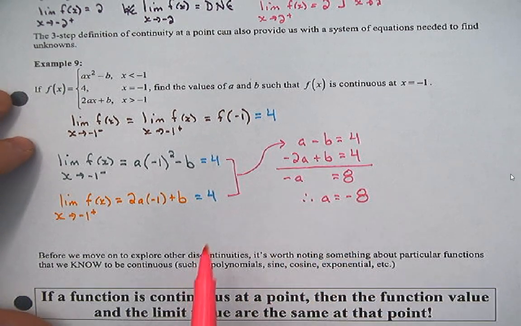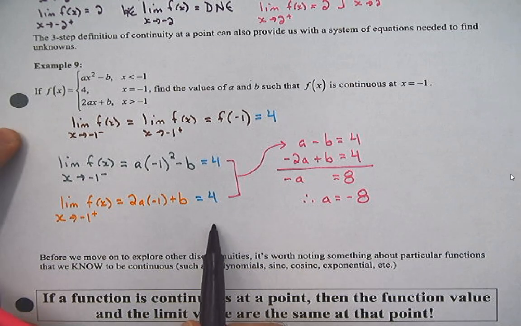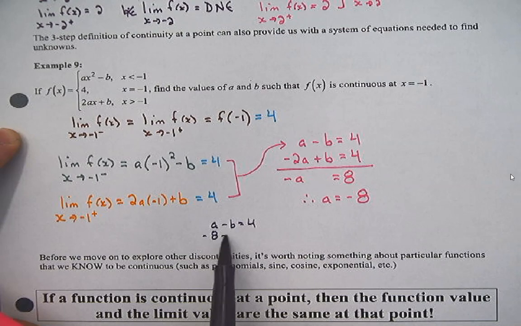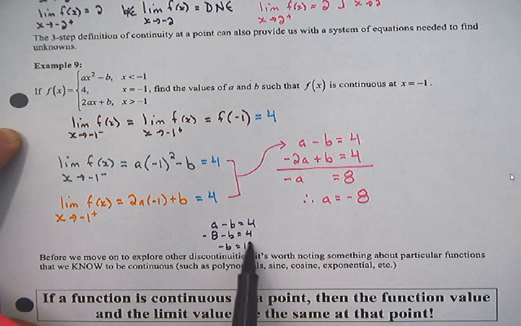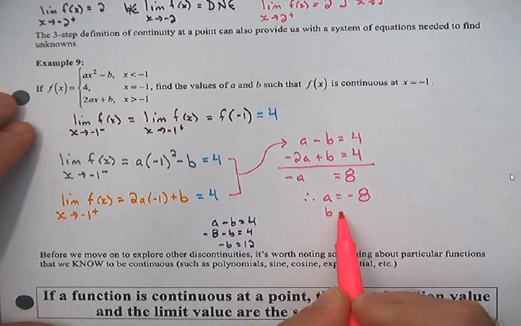I'll do my work on the margin over here. So a minus b equals 4. We just figured out that a was negative 8. Add 8. Negative b equals 12. So then b must be equal to negative 12.